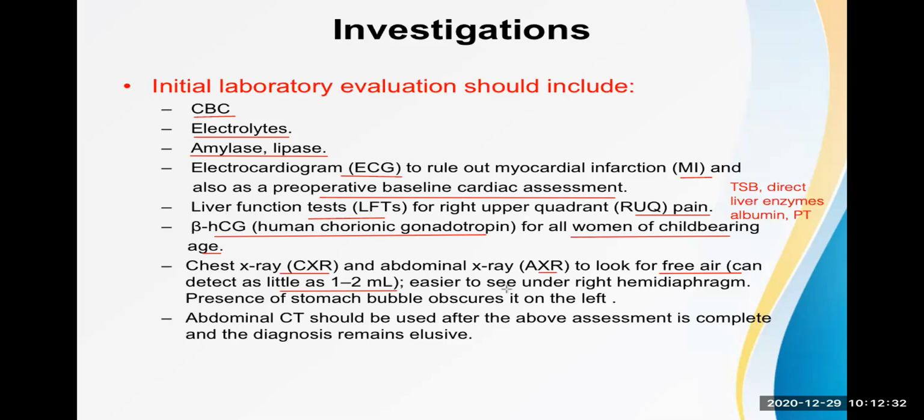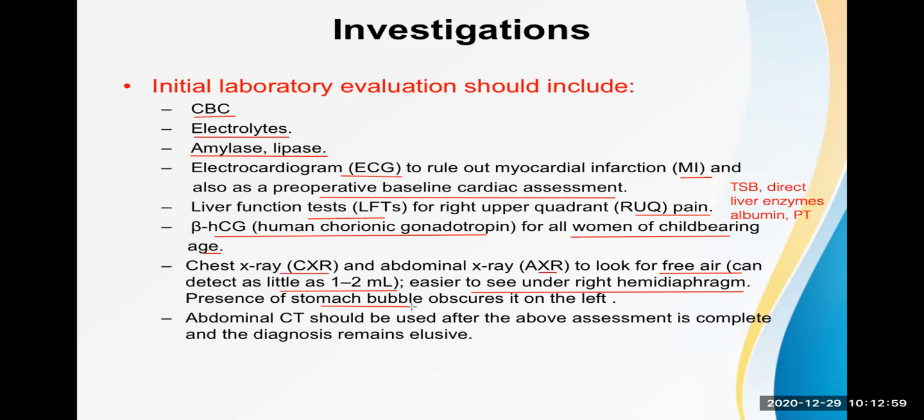Now, some more information here. There are two domes of the diaphragm, right and left. It is easier to see under the right diaphragm because towards the left dome there is the fundus of the stomach, and in that fundus there is always some amount of gas collection. That fundic gas may obscure the gas collected below the left hemidiaphragm.